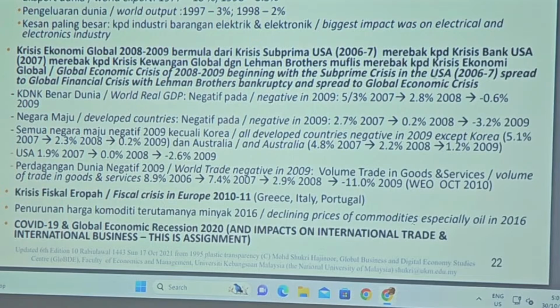So this is the global crisis. Look at this trade volume. And in 2010, there was a crisis in Europe. Not finished with that. The 2010 crisis in Europe. Why? The government fiscal deficit that happened first in Greece spread to Italy and Portugal, to the extent that the European Central Bank had to bail out Greece.